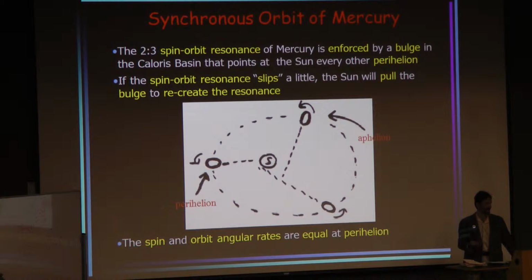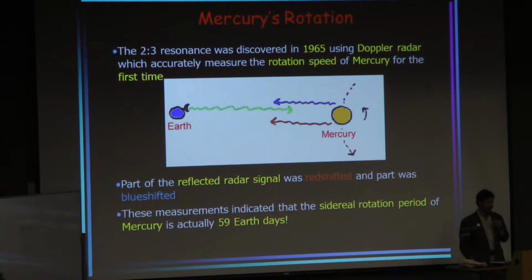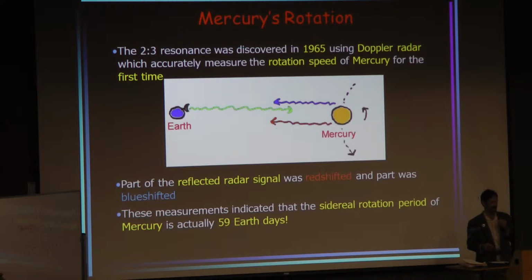It's the effect of gravity on this massive impact crater that's causing it. The way that we discovered this was using Doppler measurements of the rotation back in the 1960s, because up until then it was thought that Mercury was in a tightly locked orbit.